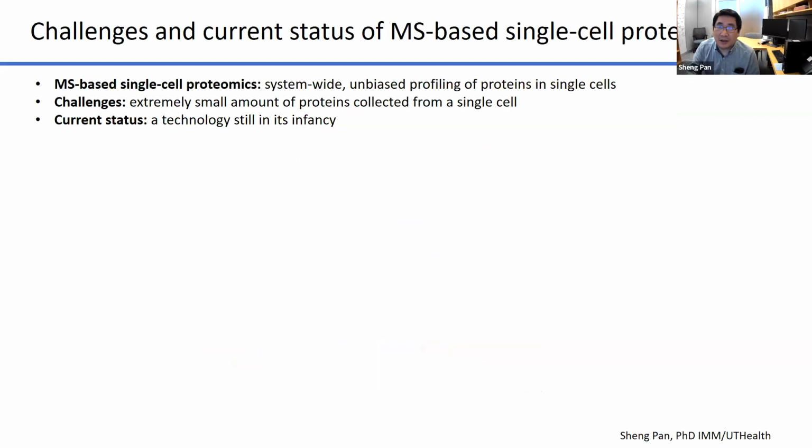Currently there's no proteome-wide technology that would allow us to do amplification on proteins like we do on DNA or RNA. So we are still at a very early stage of technology development.